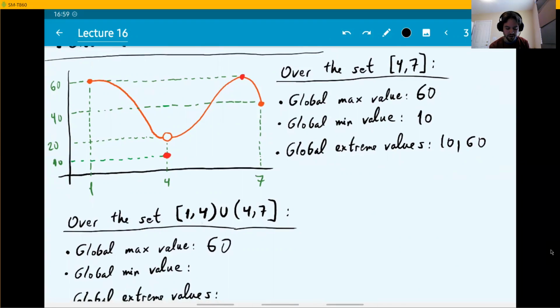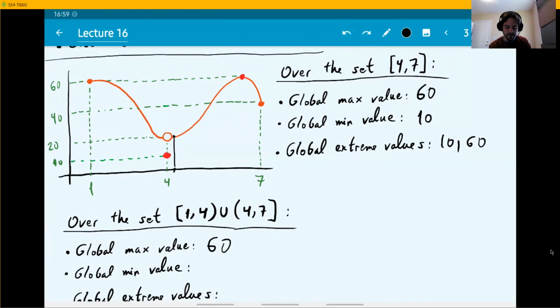The answer is there is no minimum now. Remember, we are excluding the number 4 from this piece. So the smallest locations on this graph that you can find, they're kind of down here. They're converging down towards the number 20. But there is no single smallest one. If you take a number really, really close to 4, the value of the function here is going to be really, really close to 20, but still above 20, like 20.1, for example.